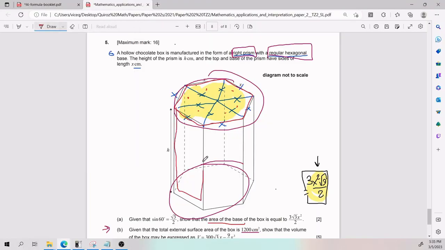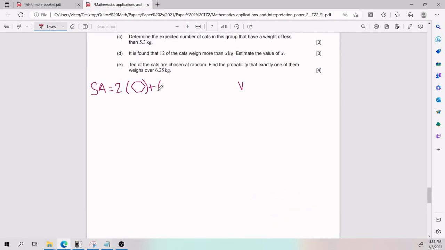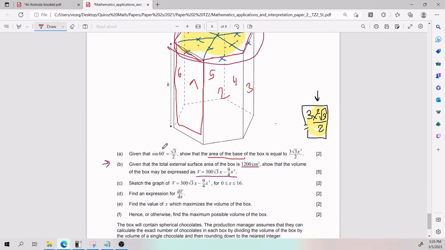Which are 6 rectangles. So this guy here, 1, 2, 3, 4, 5, 6. I also have those 6 rectangles. See? So I also have 6 rectangles. So I'm going to plug in on the left side what we have. So surface area, we were told actually from part B that it is 1,200.